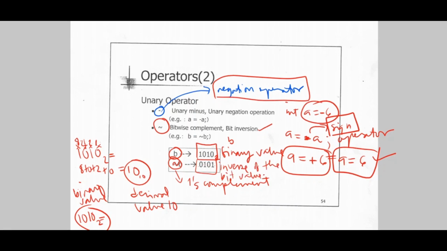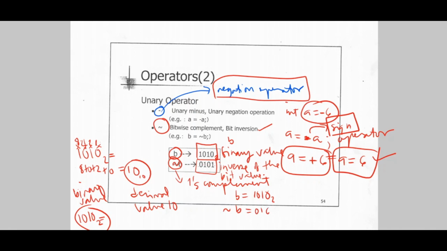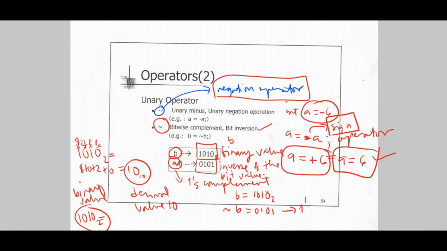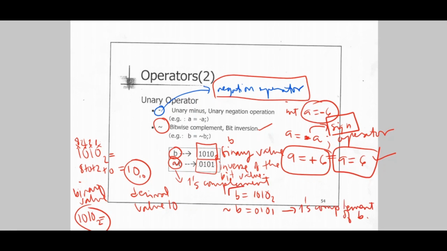So again, if B, for example, is 1010, this is base 2, if you get the ones complement of B, you do it by putting that bitwise complement or bit inversion unary operator before the operand or the value. Then this will become 0101. Okay, so we call this the ones complement of B, given B is equal to that.